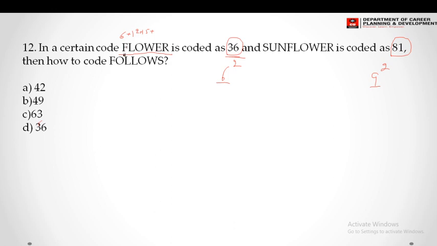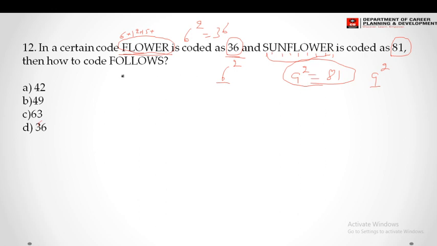We can easily say that this contains 6 alphabets, so 6 power 2 will be 36. And we check 1, 2, 3, 4, 5, 6, 7, 8, 9. So this word also contains 9 alphabets, 9 power 2 is 81. So the code is given in the form of the square of the number of alphabets.